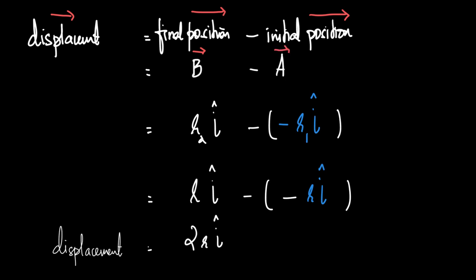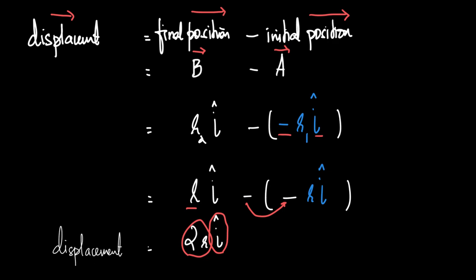What is vector B? R2 I cap minus what is vector A? This is very important here. It is minus R1 I cap, right? Minus R1 I cap. And since R2 and R1 are the same, this is R I cap minus R I cap. Minus times minus is plus, which gives us R plus R, that is 2R along I cap.